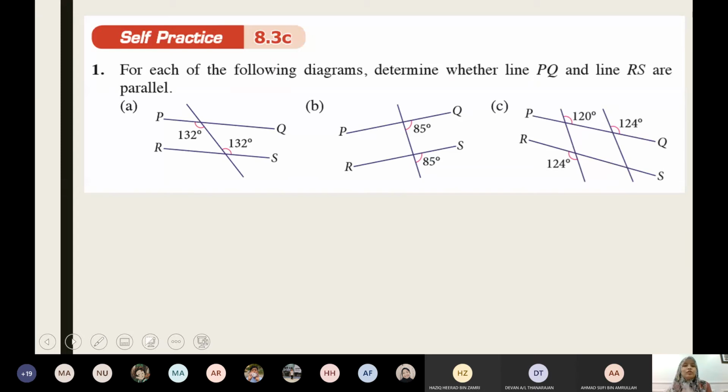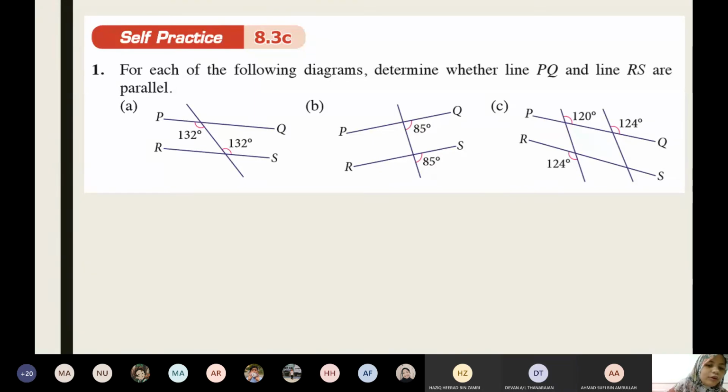Okay. So now, for this question, I take this from the textbook. Okay, so we can do this together. So for each of the following diagrams, determine whether PQ and RS are parallel. So, A, is it parallel?